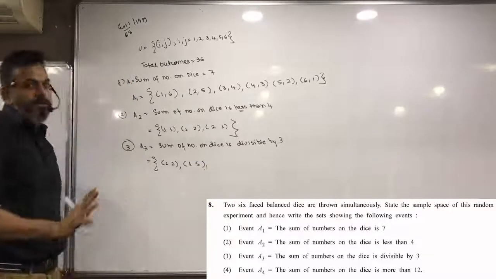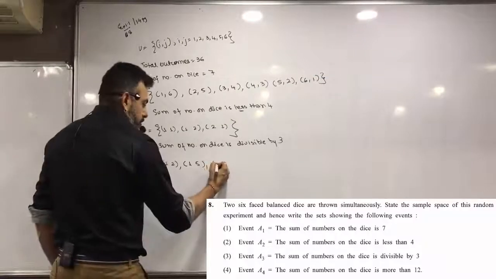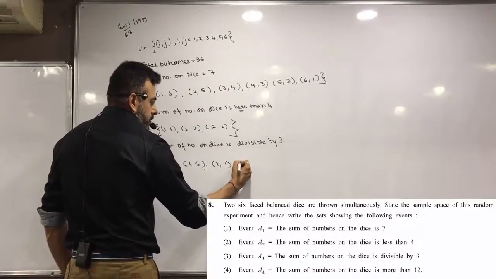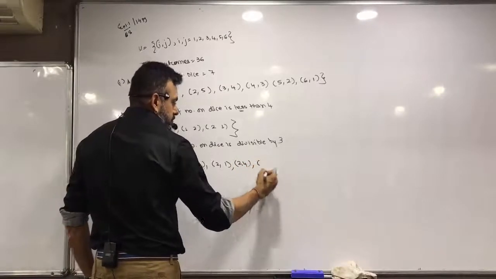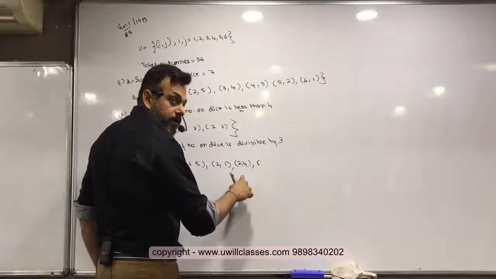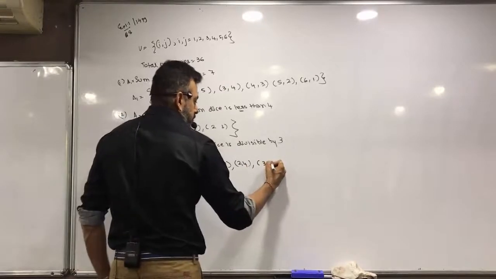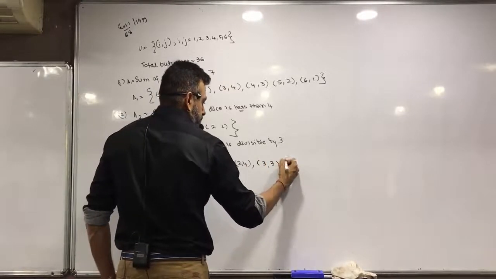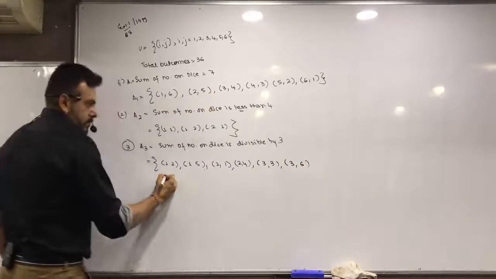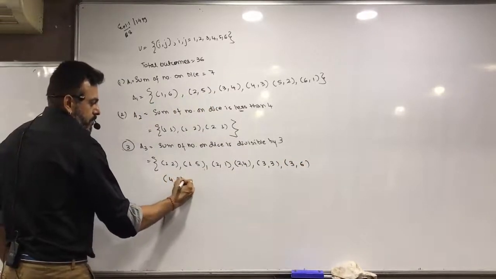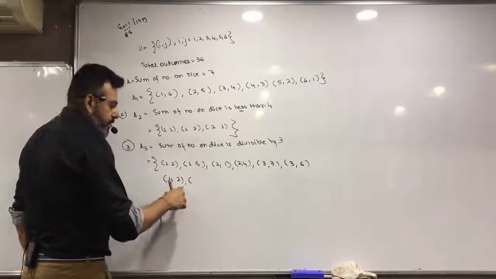So multiples of 3 we have to take: 3, 6, 9, 12. Okay. Then (2,1), (2,4). (2,4) will come, right? Okay. Then (3,3), then (3,6), then (4,2). Then (4,2) is 6. (5,4,2)?